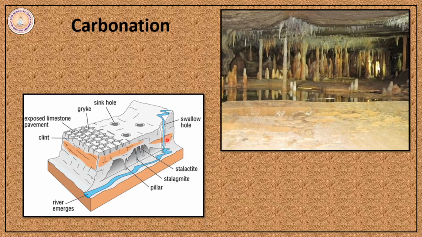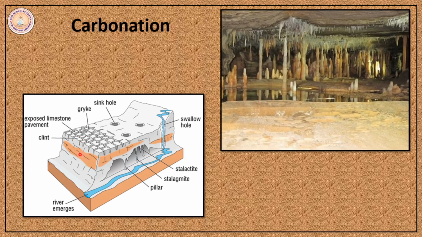Carbonation is another form of chemical weathering. Now this process takes place when minerals present in the rocks absorb carbon dioxide from the atmosphere. Sometimes the carbon dioxide present in the atmosphere dissolves with rainwater and forms a weak carbonic acid that can easily dissolve limestone and chalk.